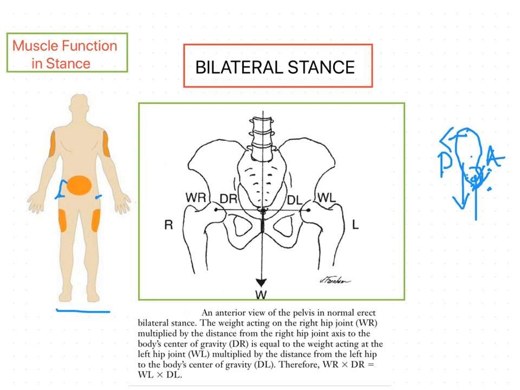So a very little muscular activity is required intermittently, not always, to maintain AP equilibrium, antero-posterior equilibrium, as long as the LOG remains behind or through the hip.